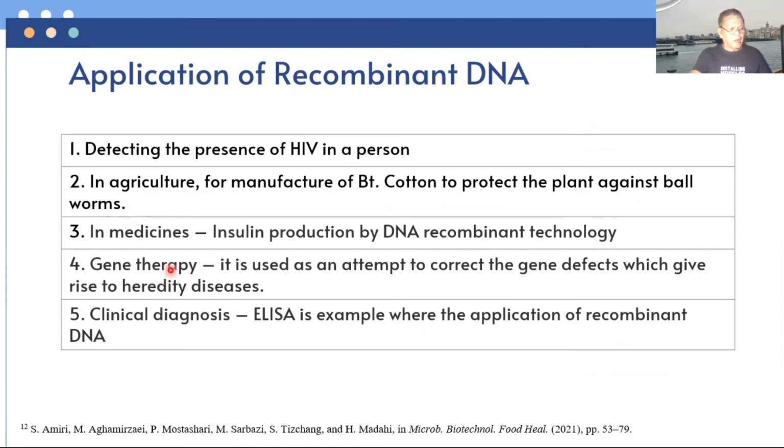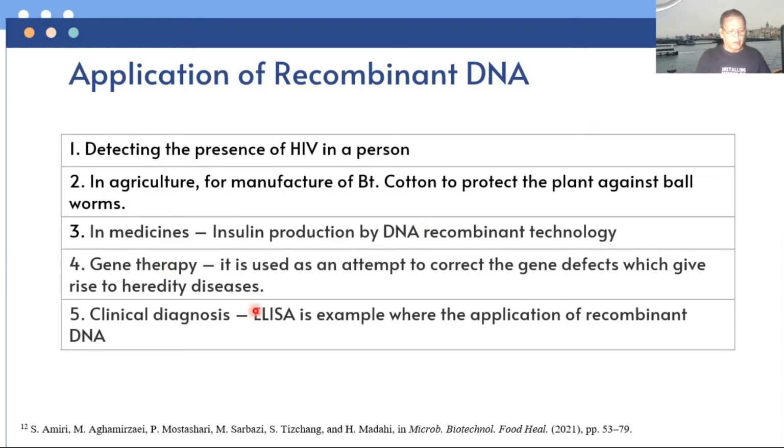In medicine, insulin production by recombinant DNA technology. Gene therapy, it is used as an attempt to correct the gene defect which gives rise to hereditary disease. And in clinical diagnosis, ELISA is an example where recombinant DNA is applied.